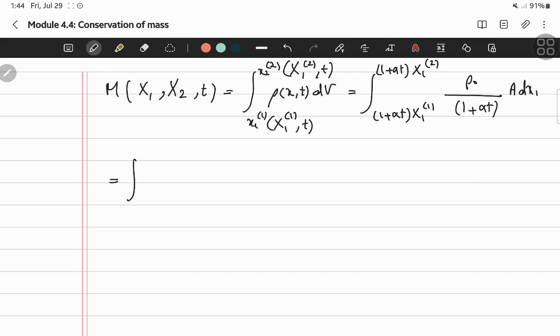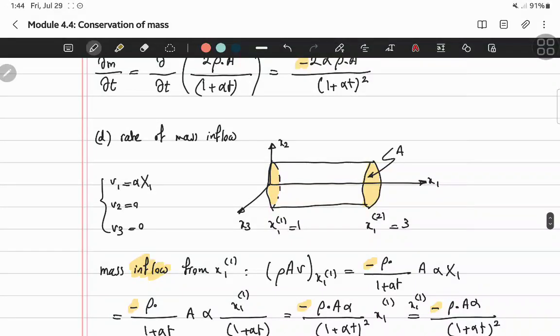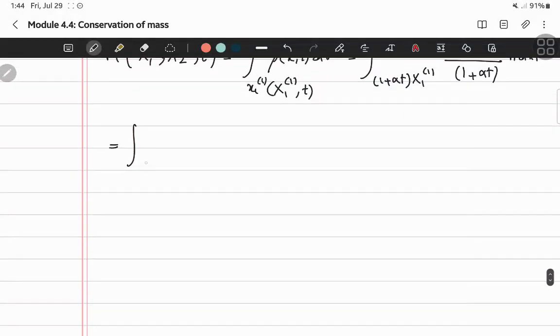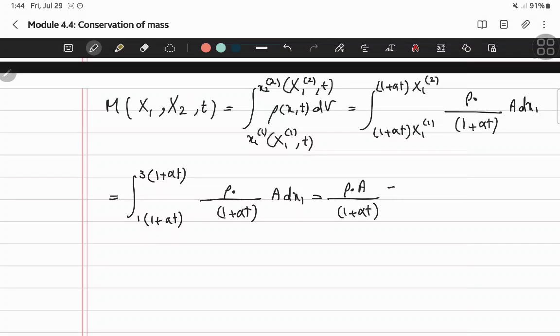So here it has the same length, like it starts from 1 goes to 3. So then we will have x1 1 equal to 1 and x1 2 equal to 3. So it is 1, let me just write it, 1 plus alpha t. Then we have 3 times 1 plus alpha t in here. So this is rho 0 divided by 1 plus alpha t, A dx1, which is equal to rho 0 A divided by 1 plus alpha t.